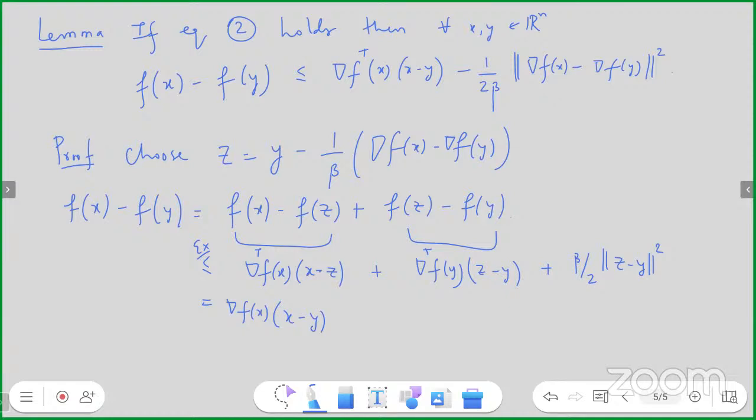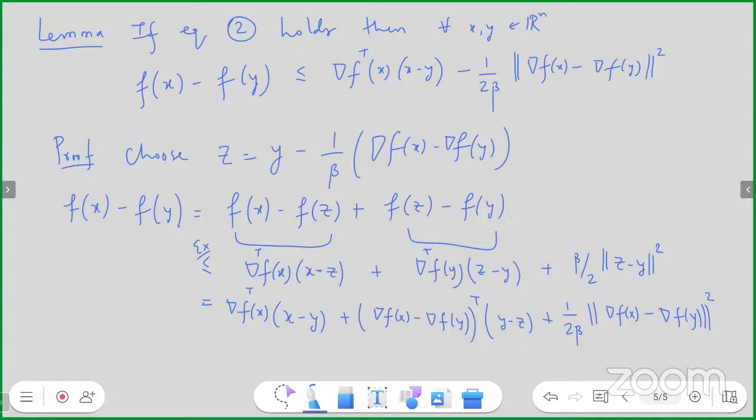What remains? Plus... this part is clear.